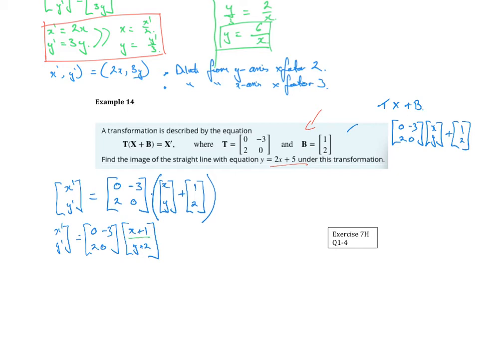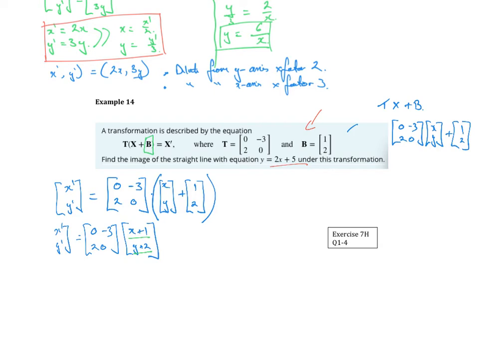X value plus 1. If I add 1 to the x value, I shift it to the right 1 unit. The y value plus 2, if I add 2 to the y value, I move it up 2 units. So this term here is my vertical and horizontal translations. The top value adding to the x moves it horizontally. The second value adding to the y moves it vertically.